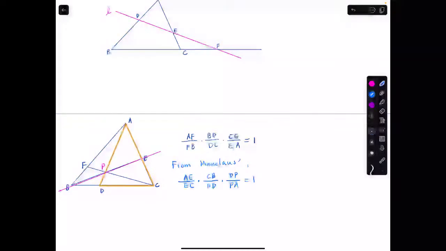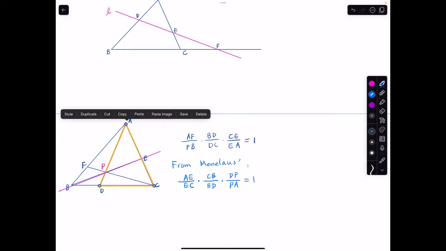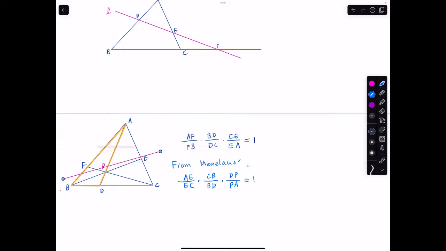All right, so that's the first fact. Now if we change the triangle a little bit, and we can change the line, the cutting line is going to be this line. Then we apply Menelaus's theorem again with the new triangle and the new straight line.